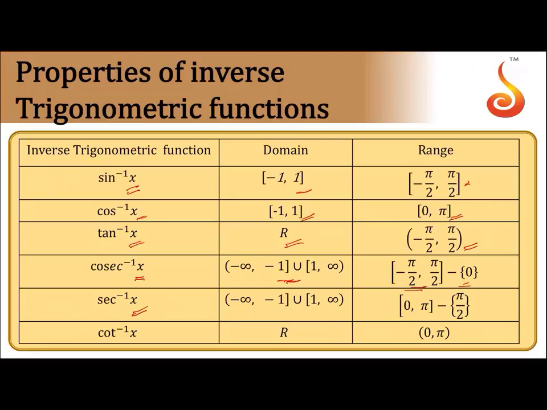In the same way, the domain of secant inverse x is minus infinity to minus 1 union 1 to infinity, and the range is 0 to pi except pi by 2. Cot inverse x has domain equal to R and range 0 to pi. These domain and range concepts are very important for the inverse trigonometric functions.